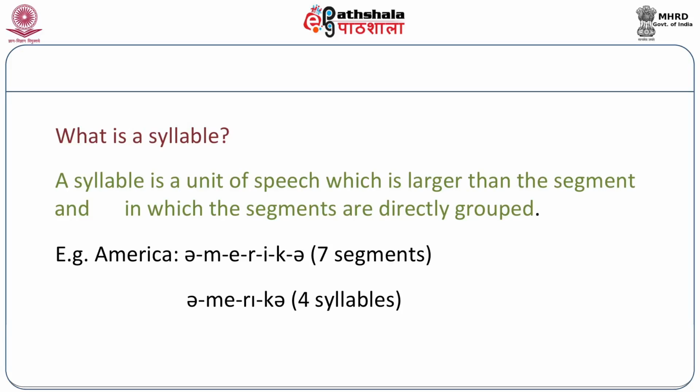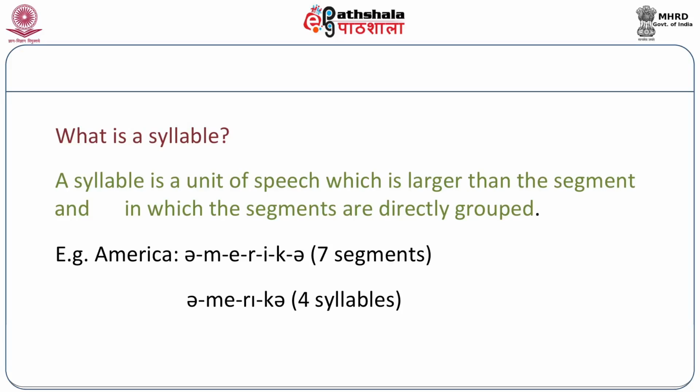What we find is that given a word, let us say America, we find that there are segments such as A, M, E, R, E, K, A, about 7 segments.